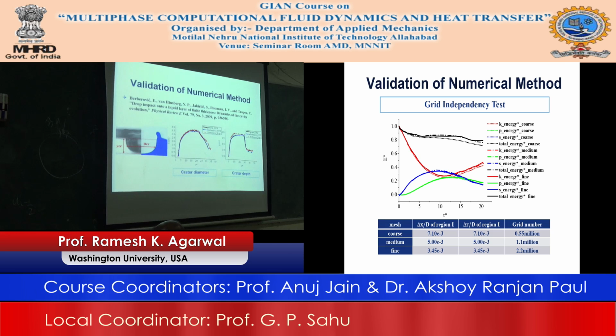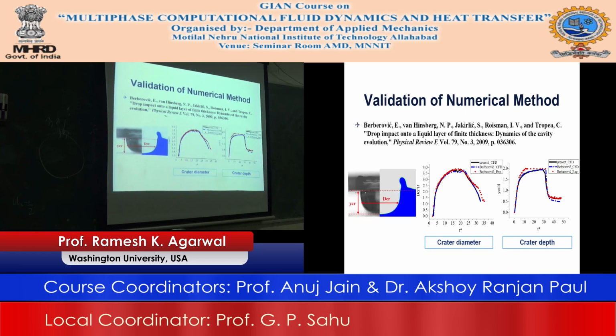Now this is the real validation of the numerical method, and that is where the experiments come in. Here is experimental data from 2009 that is available in the literature, and this is a shadow graph picture. When the droplet impacts, two kinds of things occur.